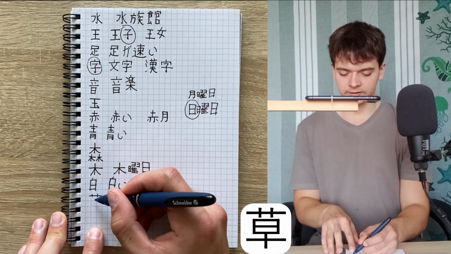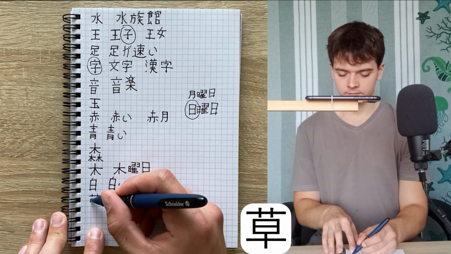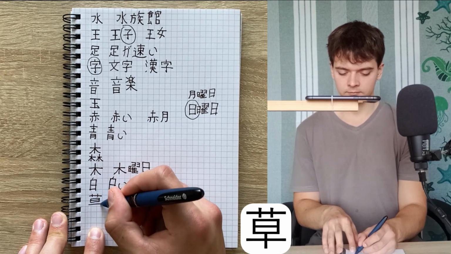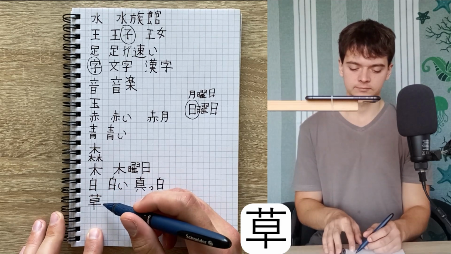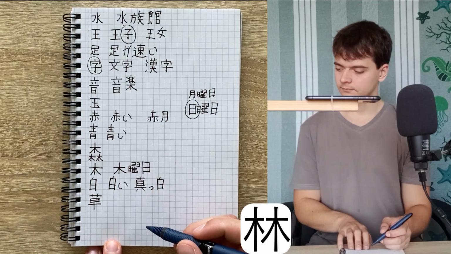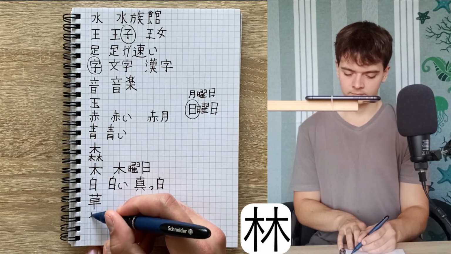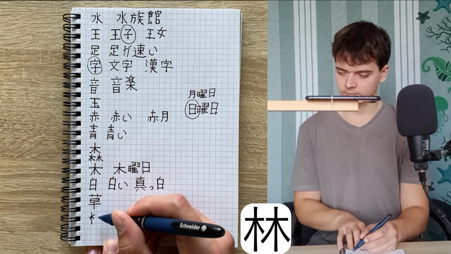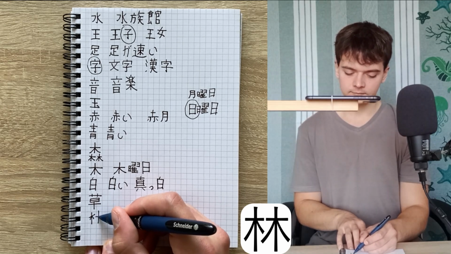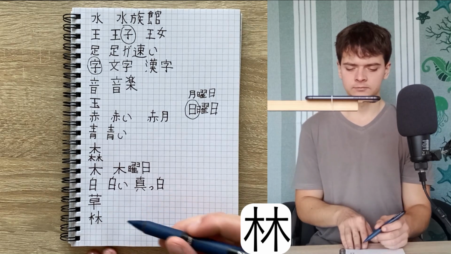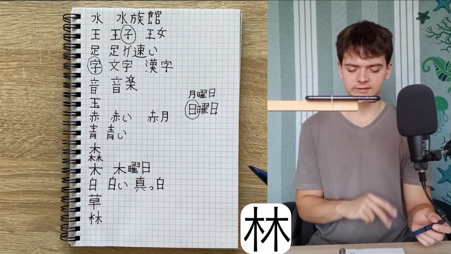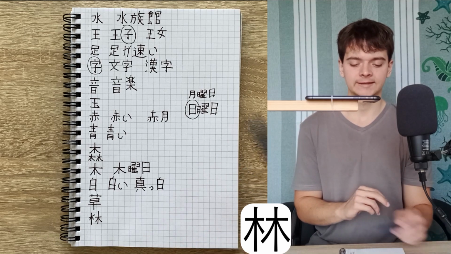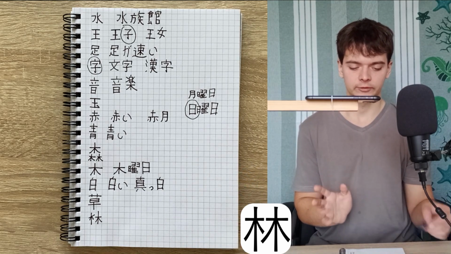Kusa. Kusa means grass. This kanji, when you put it into Google Translate, you get hayashi, which means forest.